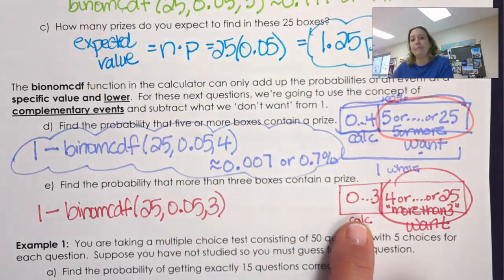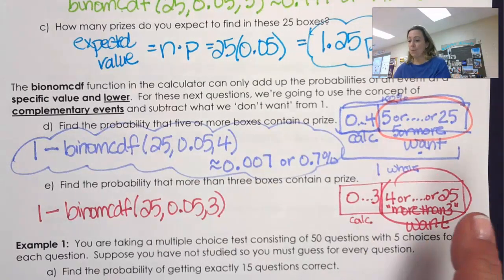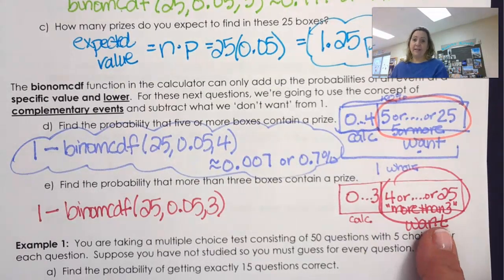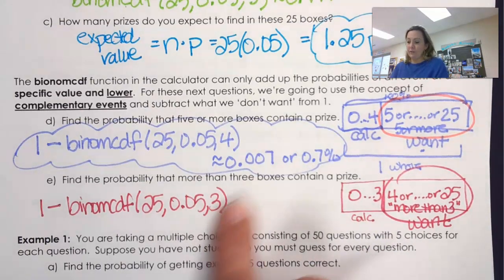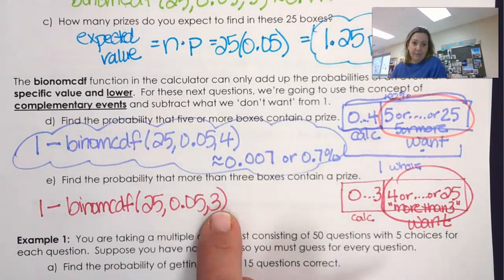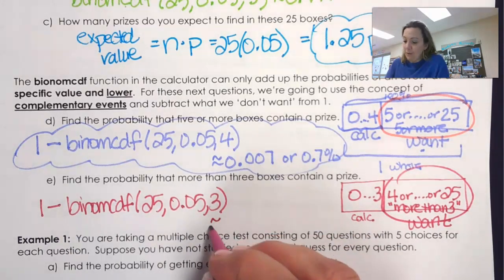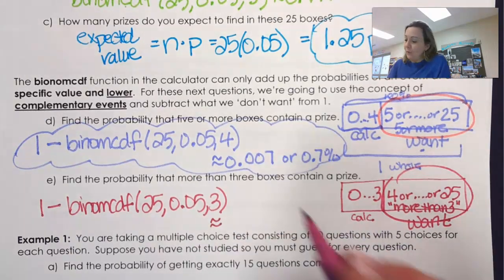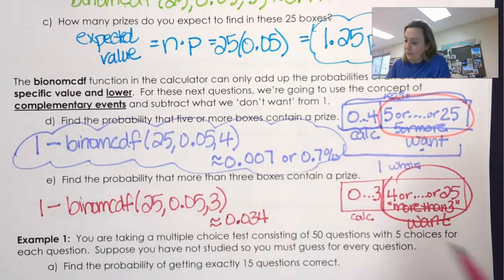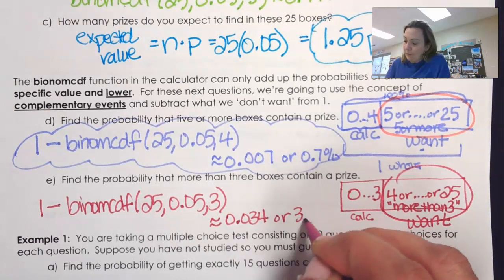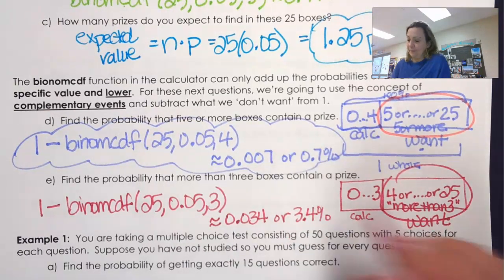And if I subtract off 3 or less, it gives me more than 3. Okay, so you also can't use the rule like, oh, I always add or subtract 1. Look, now here they're the same. So we really have to think about what that means. And when we put that in the calculator, we should end up getting 0.034 or 3.4%.